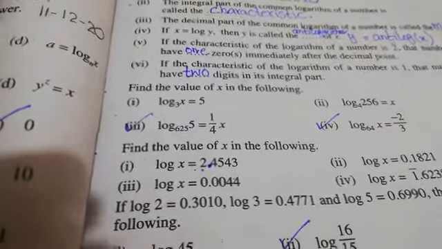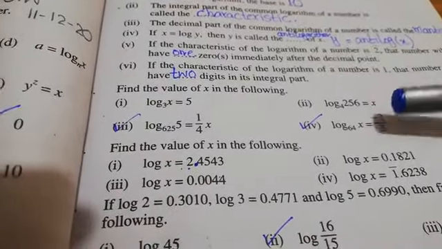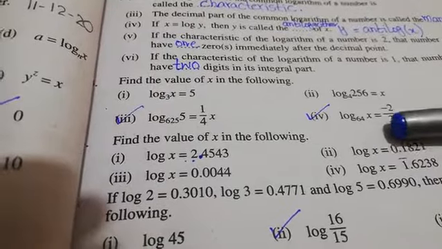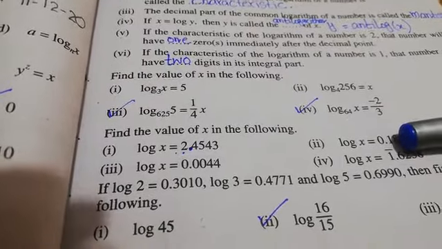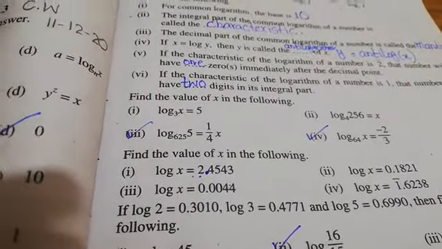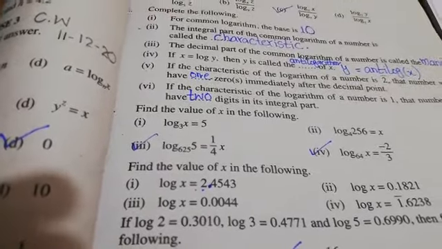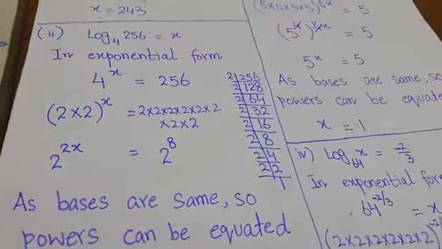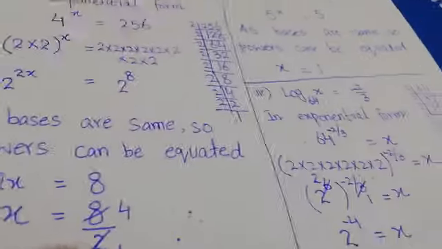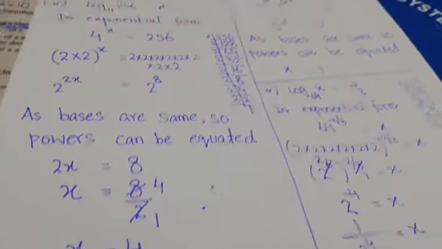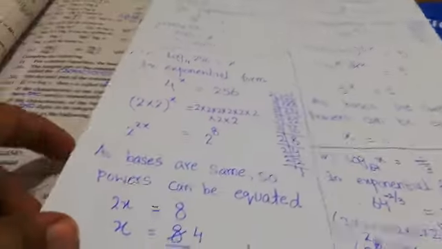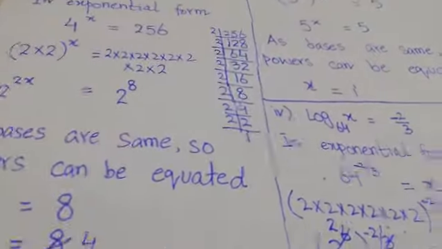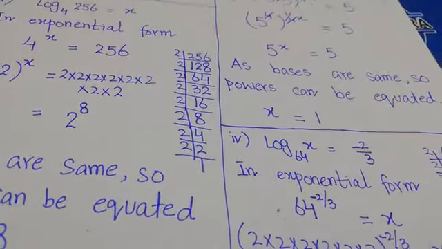The next part of question number 3 is log of x base 64 is equals to minus 2 by 3. Clear? Again, you have to remember the steps we have to follow. Let's see the solution.